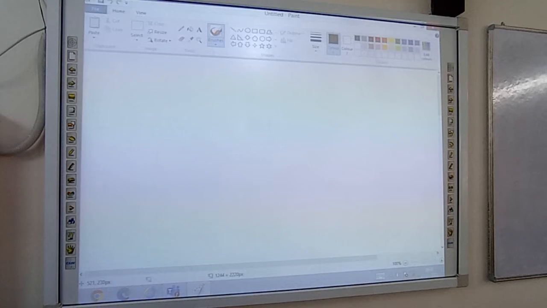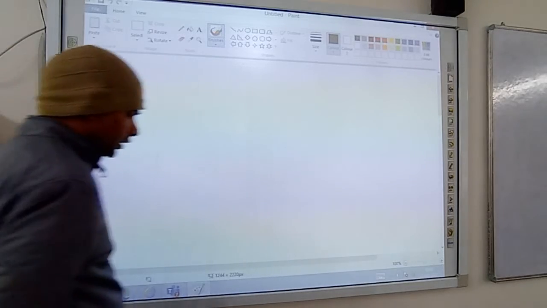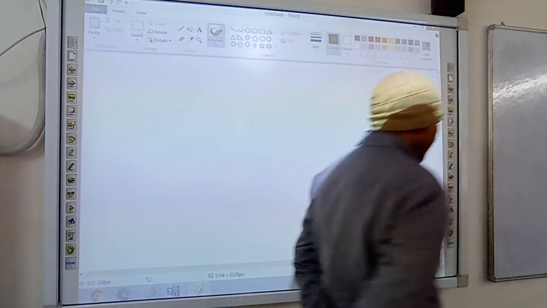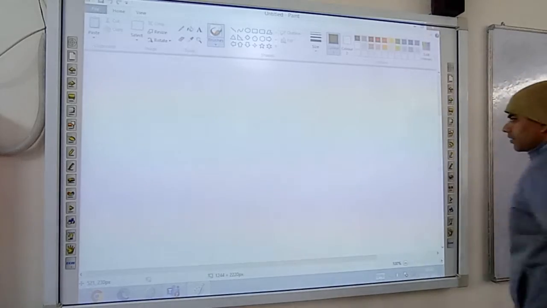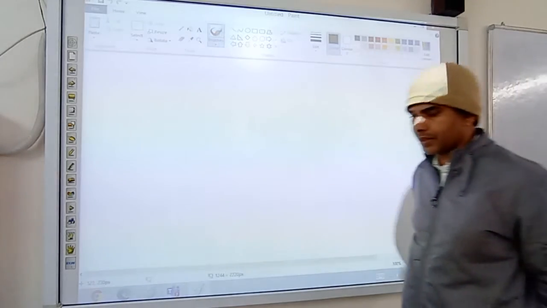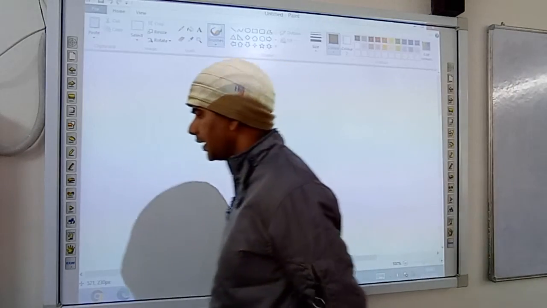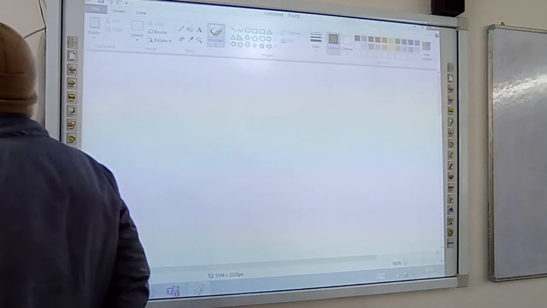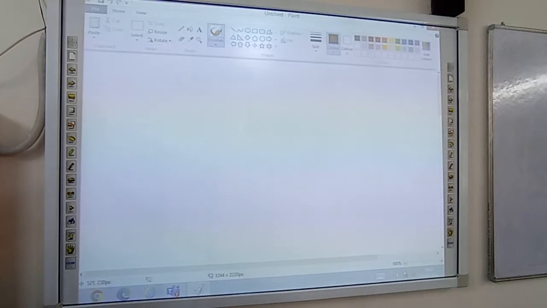For example, a section of class first will plant 1 tree, a section of class second will plant 2 trees, a section of class third will plant 3 trees, a section of class fourth will plant 4 trees, and up to 12th class.